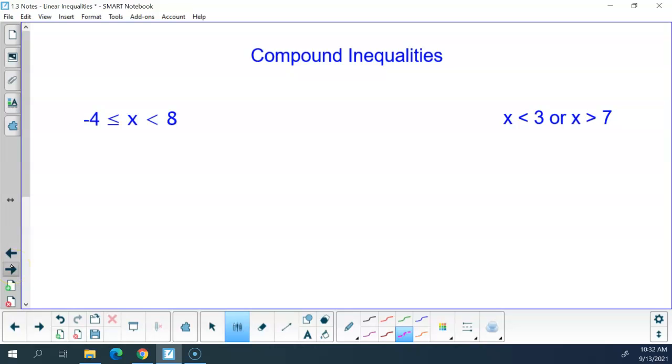Compound inequalities now. A compound inequality is simply multiple inequalities all in one. We've got 2 inequalities. It's very rare that you'll have more than 2 inequalities in it. A compound inequality comes in 2 different forms.